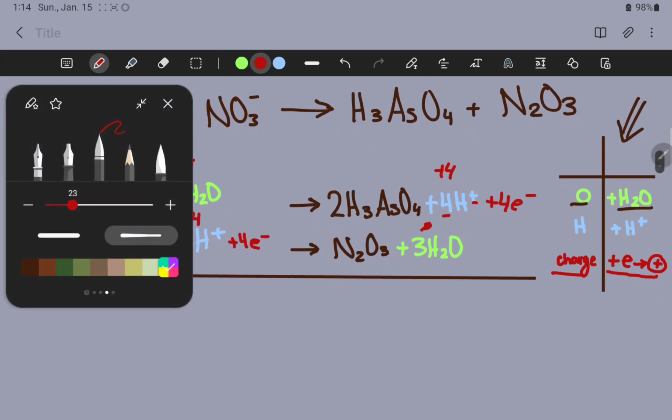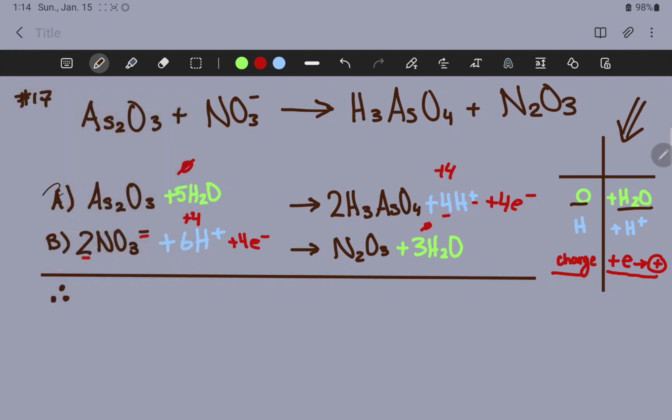And looking ahead, I see that to get to my therefore statement, I have to add my A and B, my 2 half reactions. So I see that over here, this and this will cancel. One's on the product, one's on the reactants. Therefore, they will cancel. Over here, 3 water molecules, 5 water molecules. So I just have 2 water molecules. Here, there's 4, there's 6. That becomes a 2. Now, that makes life easier. So now I'm going to add it.